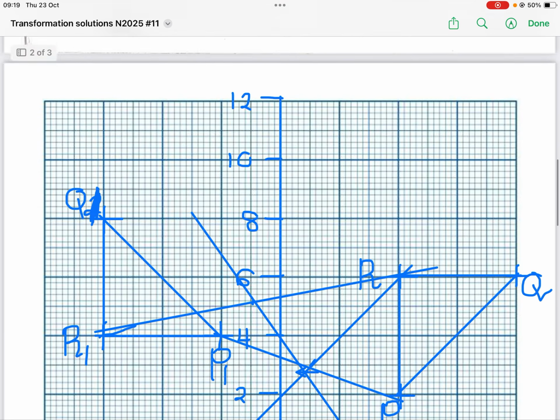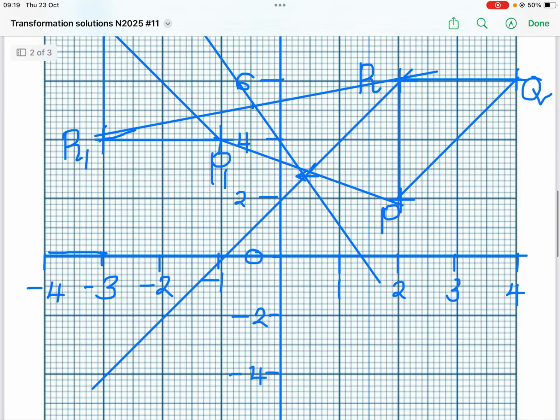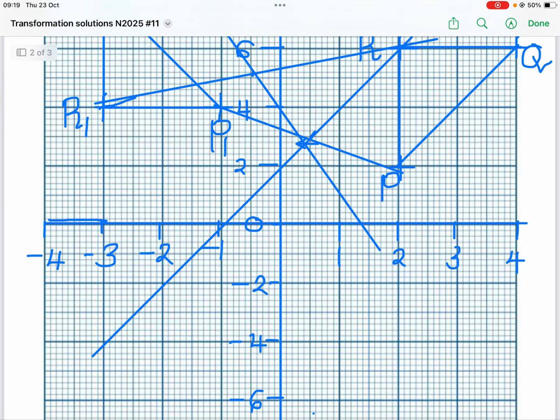So this is how we are going to answer this question. We are given that the center of enlargement is 2, 0, and our 2, 0 is here. Let me show you. This is our center of enlargement. Right? This is our center of enlargement.